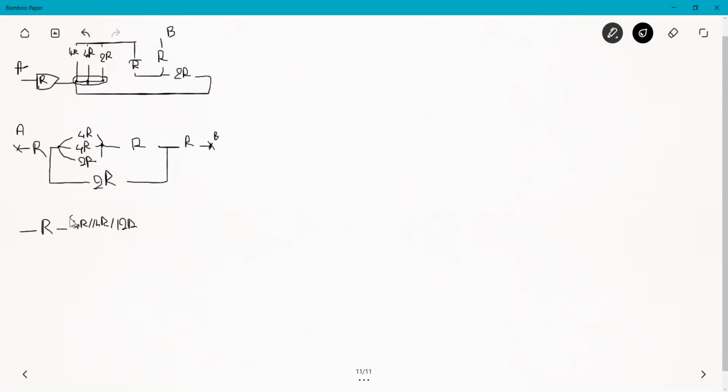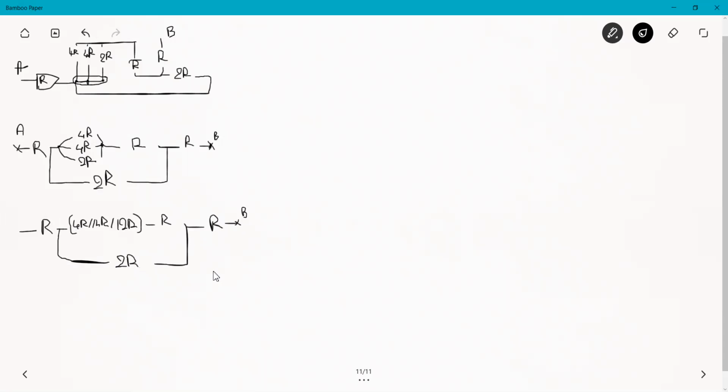This is disgusting. Then R, then 2R, and then this is back here. All right, and we go through this step by step. So this is now your new configuration.